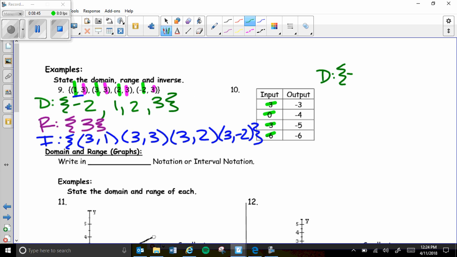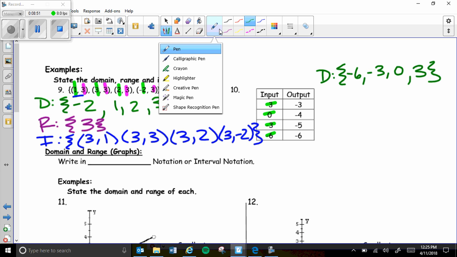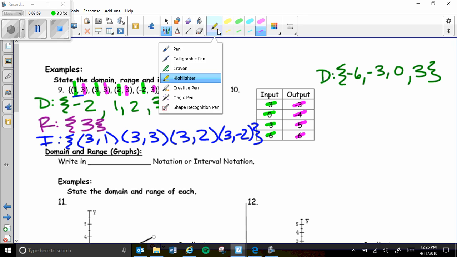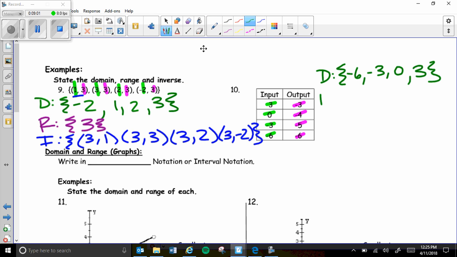Least to greatest, -6, -3, 0, and 3. Close out with braces. And then we look at my outputs, ROY, range, output, y values. Again, put them in braces, least to greatest, -6, -5, -4, and -3.